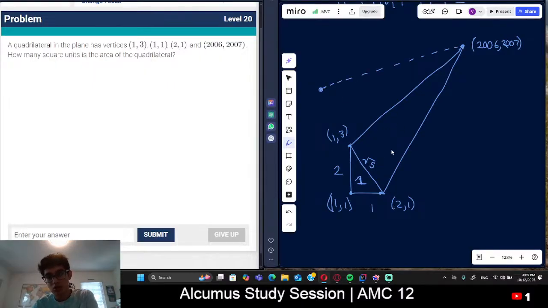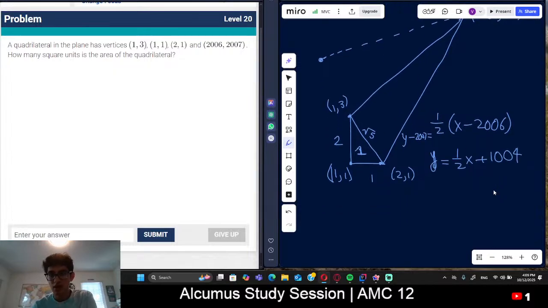The slope here is 2, so it would be 1/2 (x minus 2006) equals y minus 2007. So y would equal 1/2 x minus 1003 plus 2007, so plus 1004. And now you equate this with whatever we have here, which is y equals 5 minus 2x, I think, right?